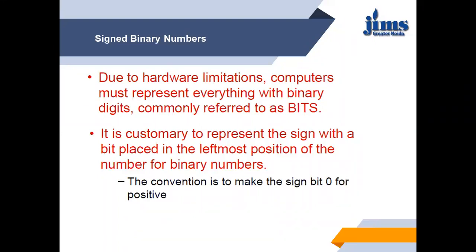The convention is to make the sign bit 0 for a positive number. If the leftmost bit of a number representation is 0, we say that this number is positive. On the other hand, if the leftmost bit is 1, then we say that it is a negative number. So the representation is clear.